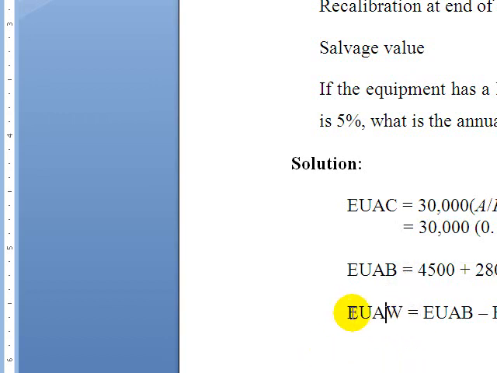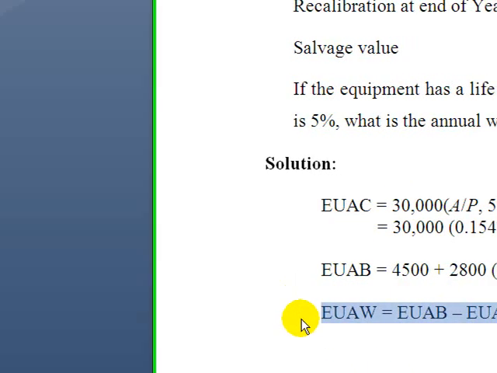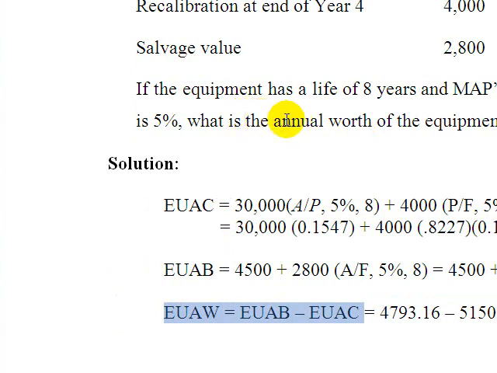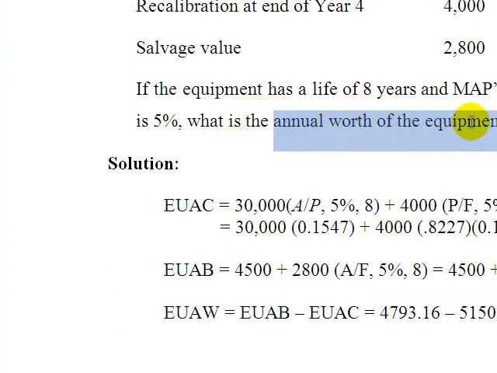Basically, annual worth is nothing but the benefits minus cost, so EUAB minus EUAC, as you can see from this formula, right? We need to find the annual worth of the equipment, so we are interested in finding the equivalent uniform annual worth. For that, first we will focus on the cost and then benefits, and then do the subtraction, right?